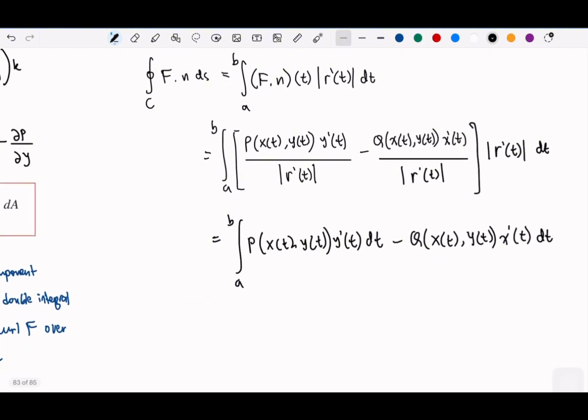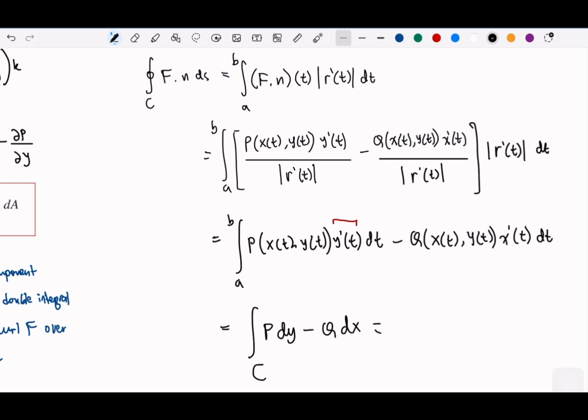Which then we can separate this. And getting back to the line integral, we move back to the line integral and say that this will be basically the y prime t. We can convert back using the chain rule in dy. So this will be P dy minus Q dx.